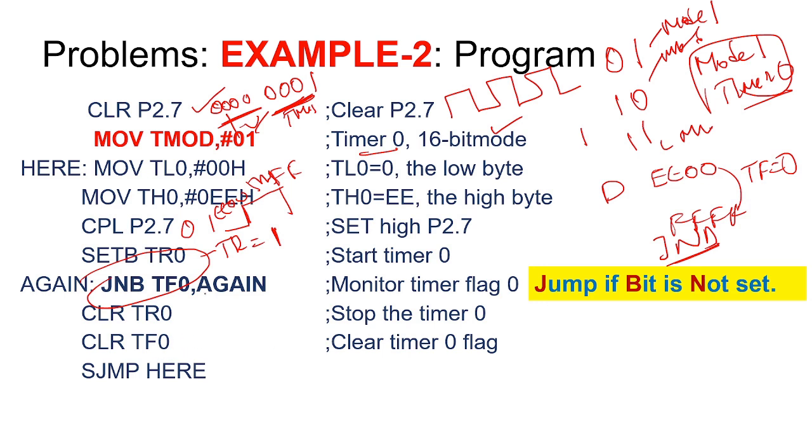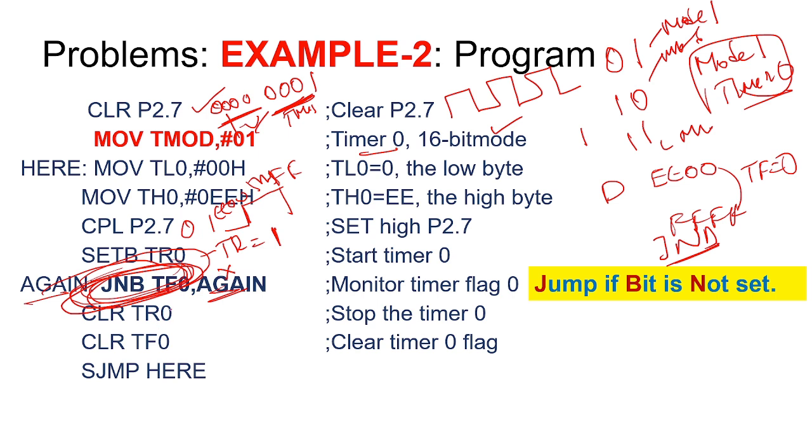Where I want to jump to is again given here, so it keeps on rotating. It will stay inside this condition as long as TF0 equals 0. When the timer flag becomes 1, when it goes to the roll over condition, the instruction fails and it comes out.